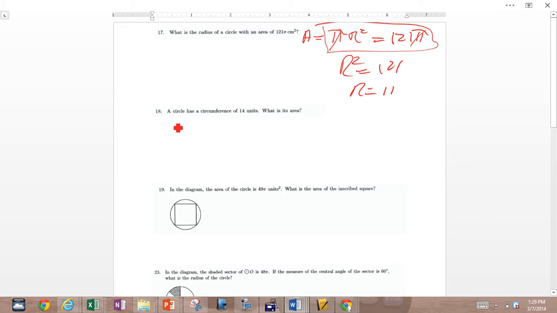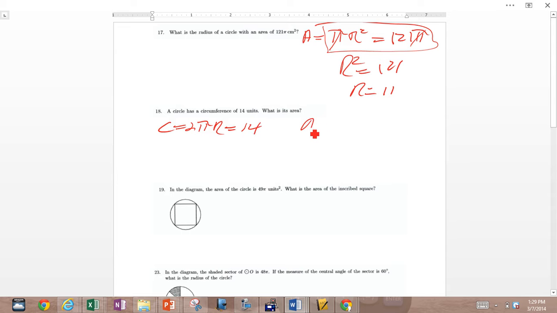18 is a similar kind of problem, but we're working with both formulas. So the circle has a circumference of 14 pi. Well, circumference is 2 pi r, and the circumference is said to be 14 pi units.